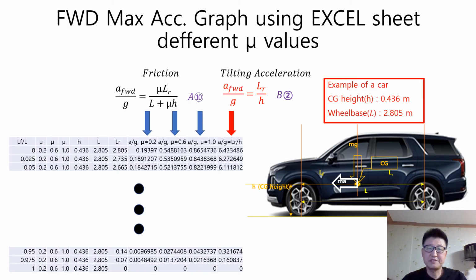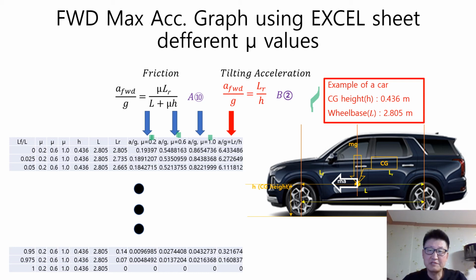To help you understand the maximum acceleration graph, I will show you the three kinds of friction coefficients, 0.2, 0.6, and 1, in one place. The same way as before, in the case of rear-wheel drive, the vehicle data are the same.